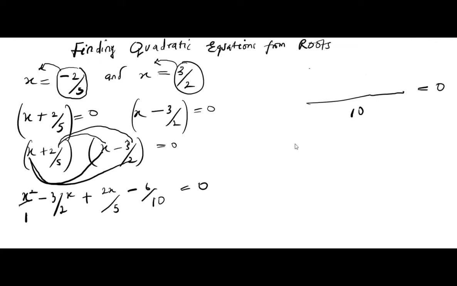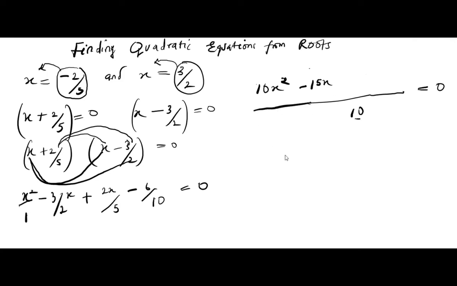So 10 divided by 1, we have 10. 10 times x squared, we have 10x squared. Then 10 divided by 2, we have 5. So 5 times negative 3, we have negative 15x.